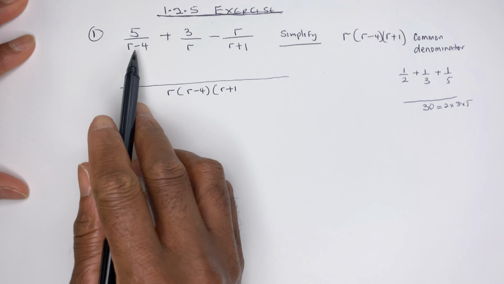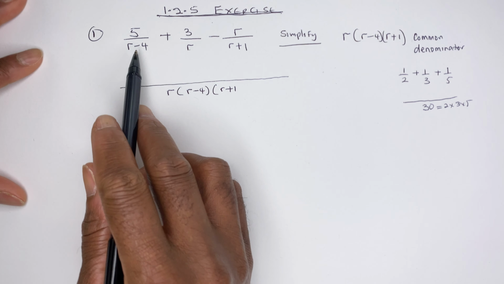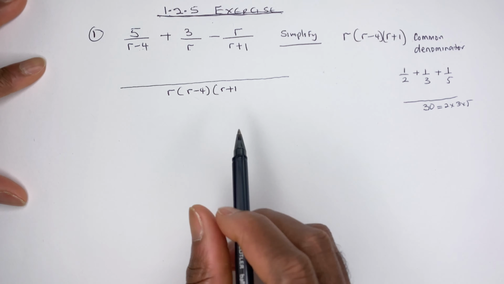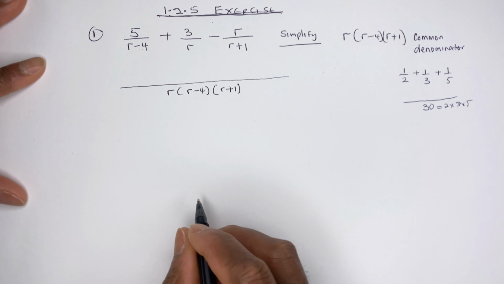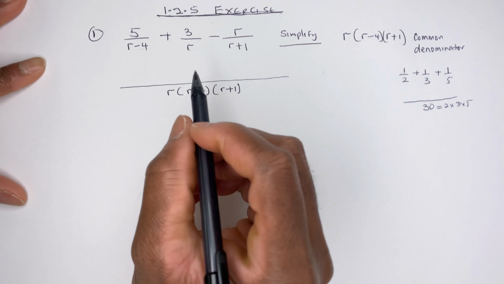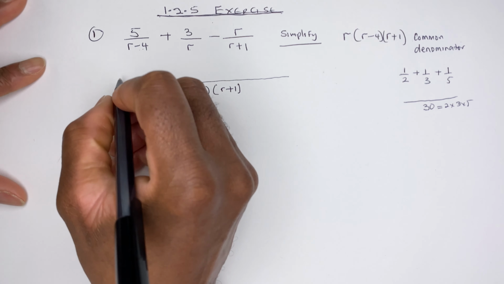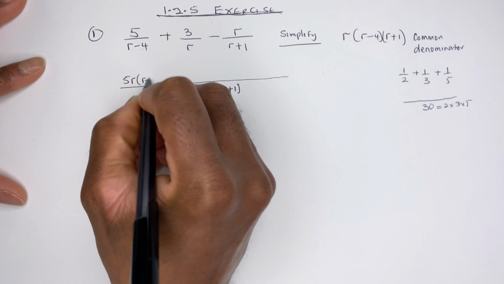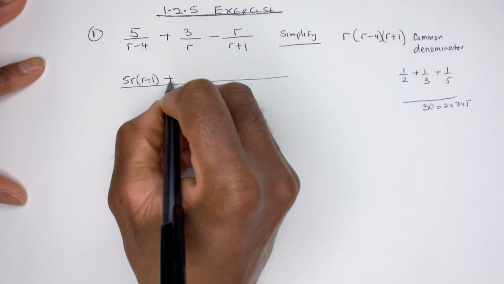Now, if you look at r minus 4 here, what I don't have is r and r plus 1, so I have to multiply the top also by r plus 1. So that'll be 5 times r plus 1, plus.